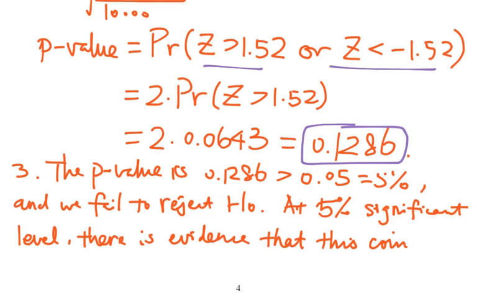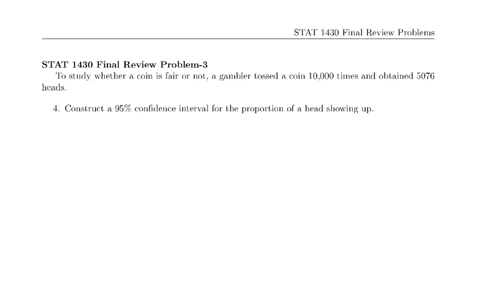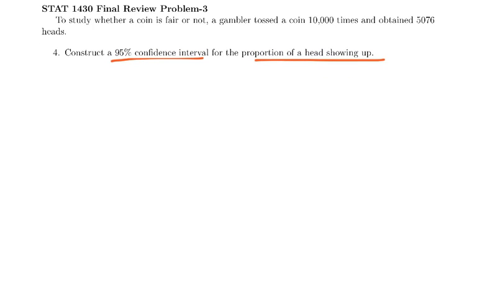Finally, we'll look at the fourth part of this problem. We're going to construct a 95% confidence interval for the proportion of a head showing up. Alright, remember the formula for the confidence interval for a proportion is in the form of p hat, which is the observed proportion, plus or minus z sub alpha over 2 times the standard error of p hat, SE p hat.